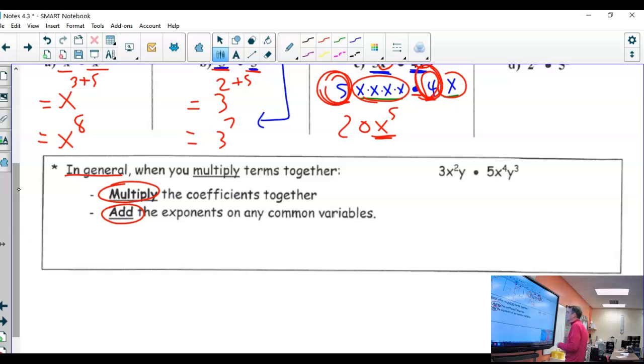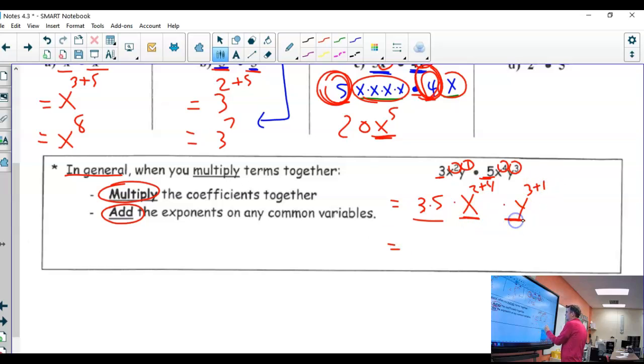So how would that look over here? Well, if I was doing this example, I would multiply the coefficients 3 times 5, but the x, I would add the exponents 2 plus 4, and for the y's, I would add the exponents, which is 3 plus 1.